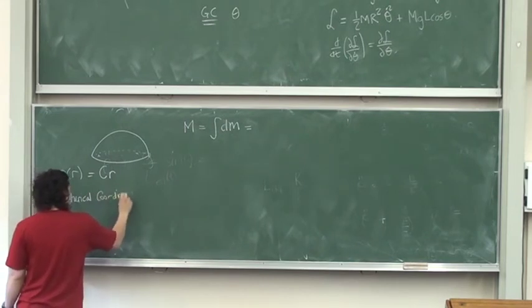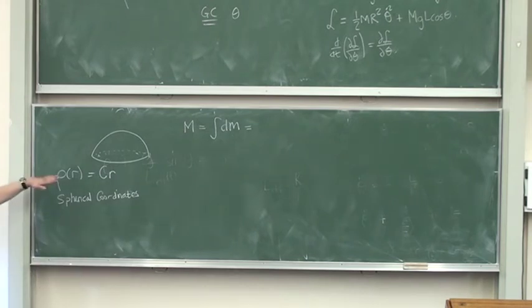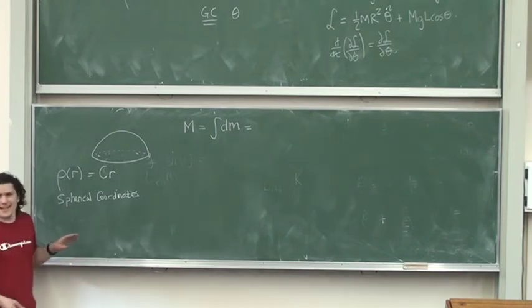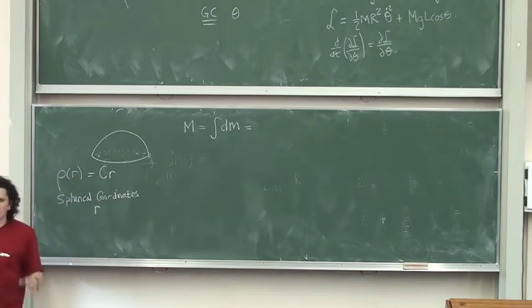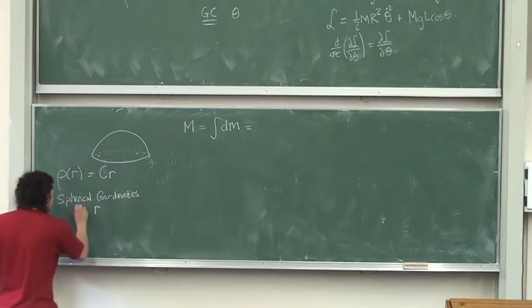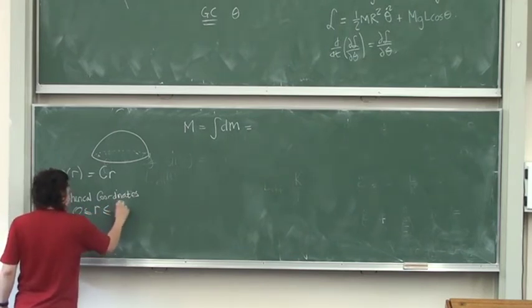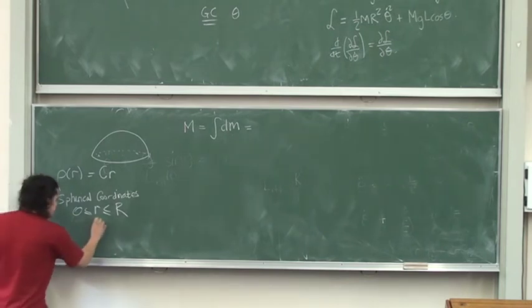If I choose spherical coordinates, then what are the ranges of each of my coordinate parameters in order to parameterize a hemisphere? Let's stick with R instead of rho because rho is density. So R sits between where and where? 0 and the radius of the whole thing. All right, what about theta?